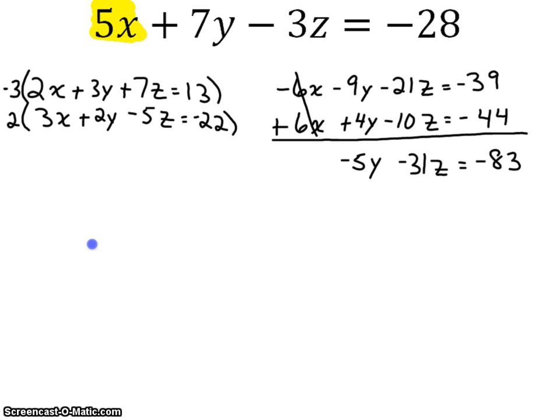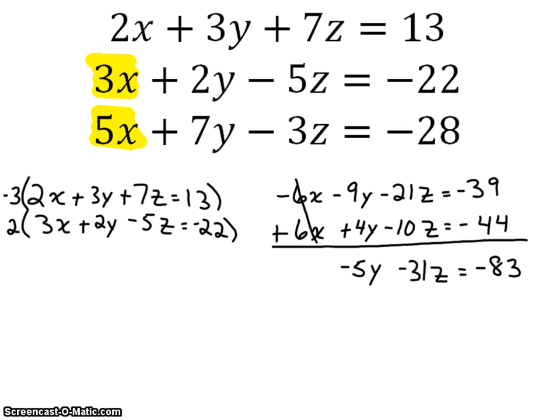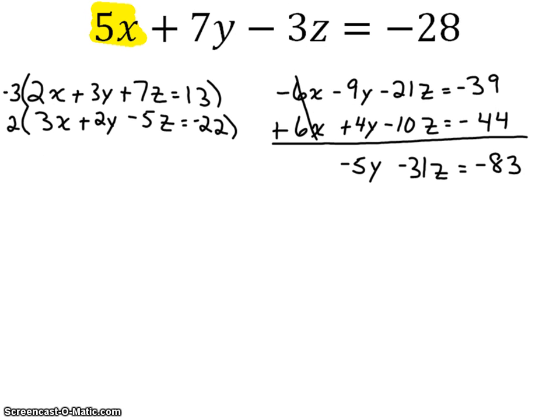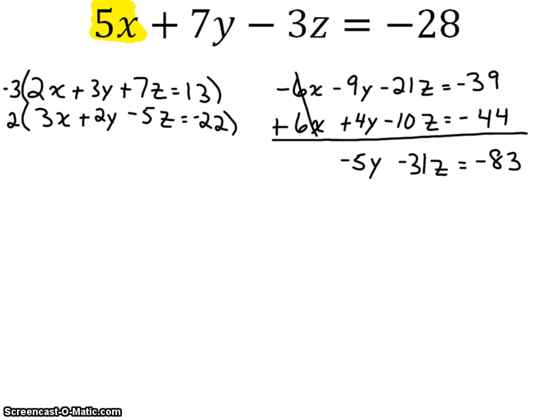Okay, hold on to that equation. We're going to use that a little bit later. Let's go back up to the original system. So now I want to use 2x plus 3y plus 7z equals 13. And equation 3, 5x plus 7y minus 3z equals -28. Okay, let's set that up to be eliminated.